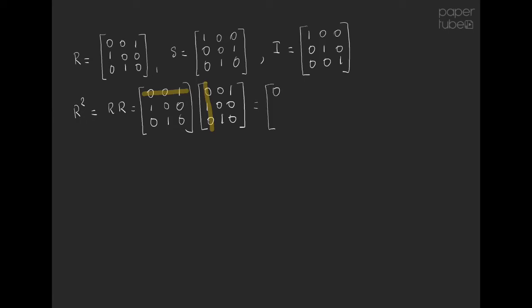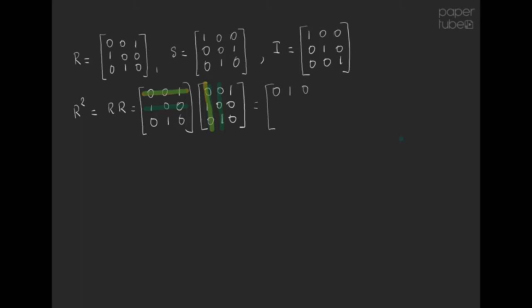You'll take this with that. So we'll have 0 times 0 plus 0 times 0 plus 1 times 1. That would be 1. Now we'll have 0. And then for the second column, you consider this with this.